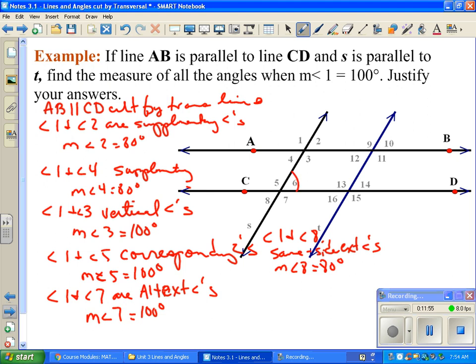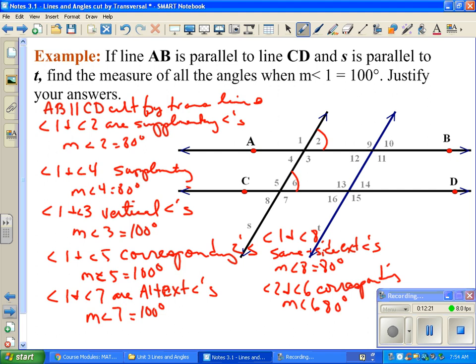You could do 6 and 2 because they are corresponding. You could do it with 3 because out of all of those angles, you know everything but 6. So you can compare it to anything. I think I'm going to compare it to 2. They're corresponding. And the measure of angle 6 would be 80.